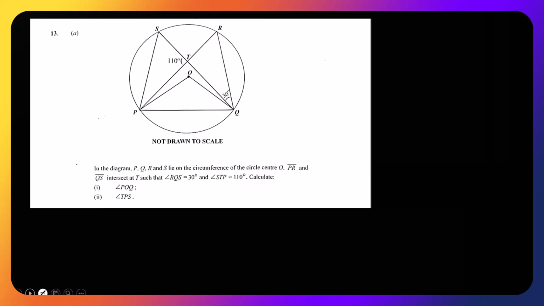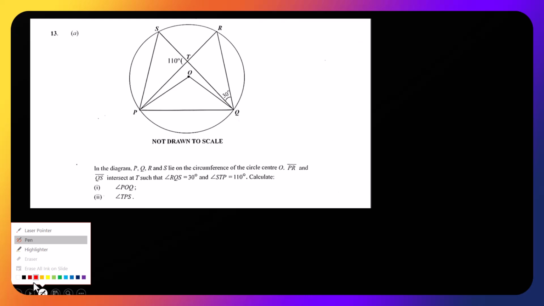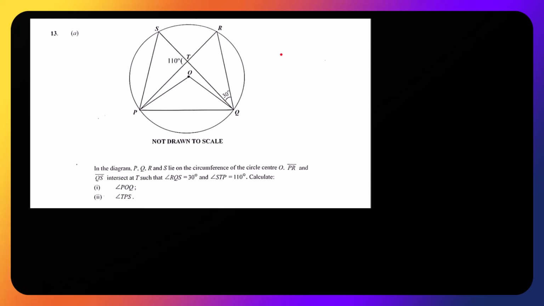We need to find angle POQ, so we need to find PRQ.